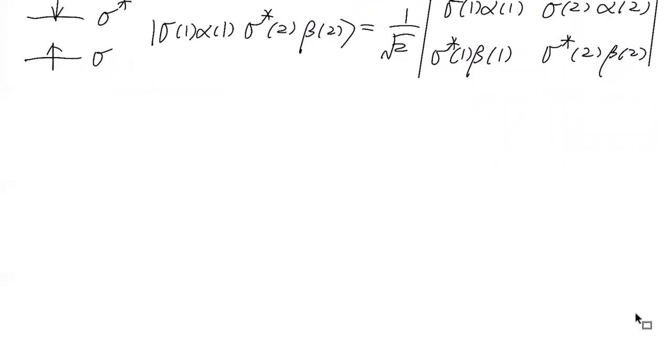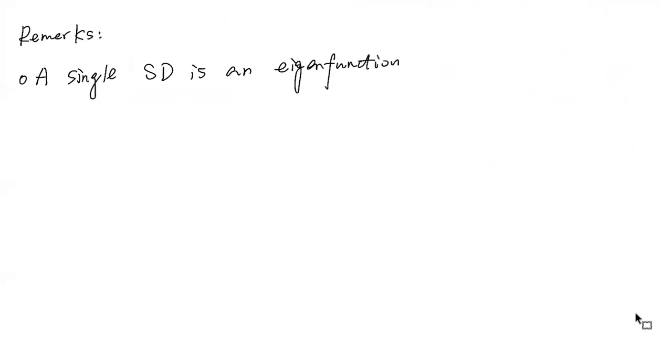So I have several remarks. First of all, a single Slater determinant is an eigenfunction of Sz. This Sz, of course, is the total Sz. This is the projection of the total spin angular momentum along the z-axis.